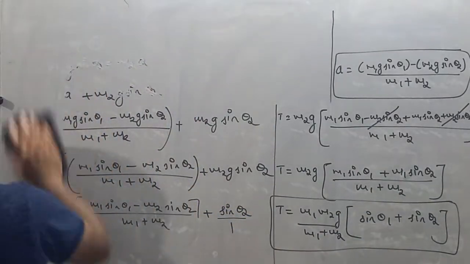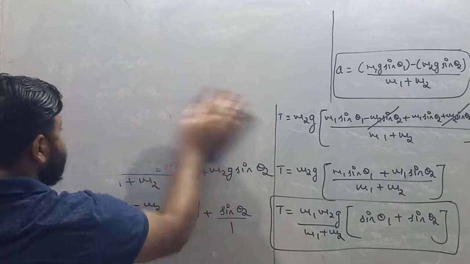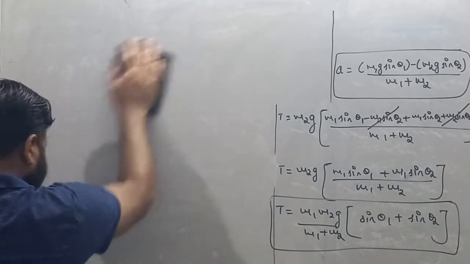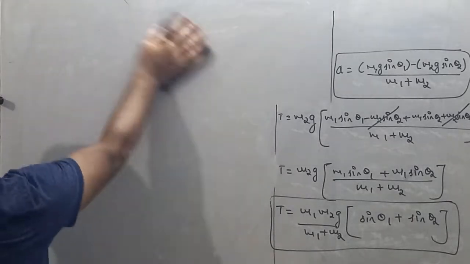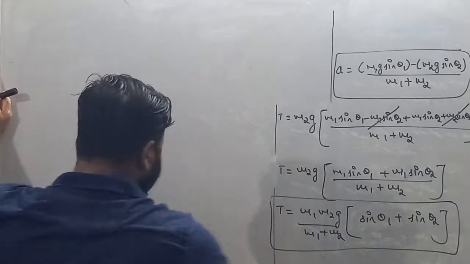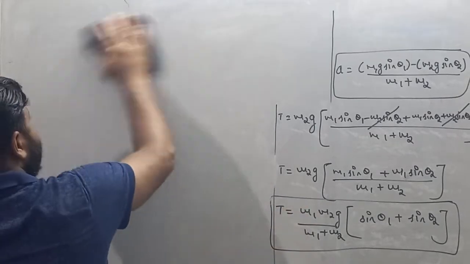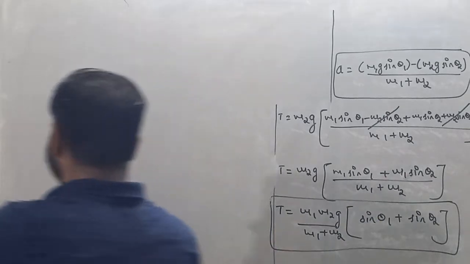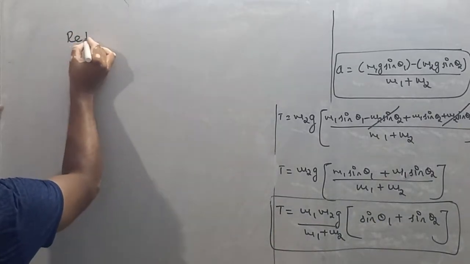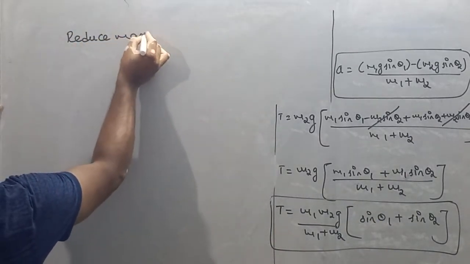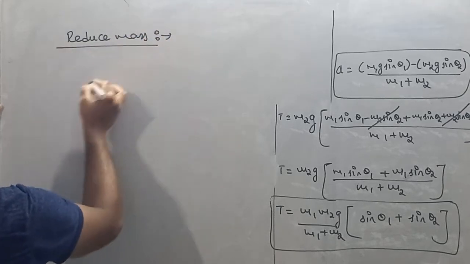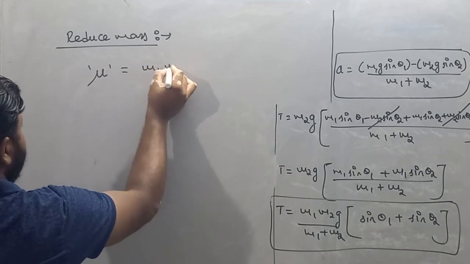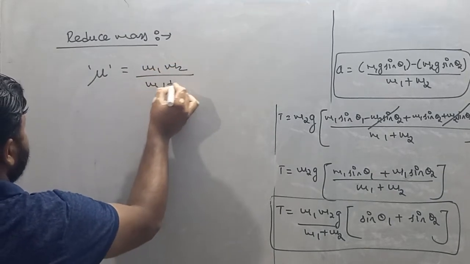Now see, my dear student, there is a term called reduced mass. In some books, this relation will be given like this. Reduced mass is represented by mu, and reduced mass means m1 m2 upon m1 plus m2.